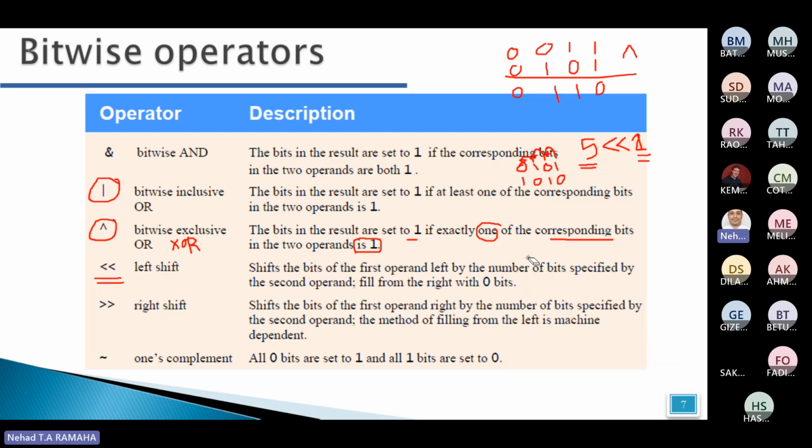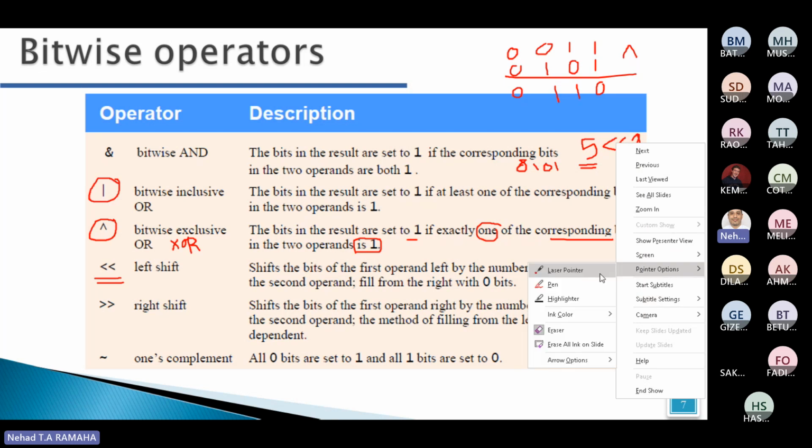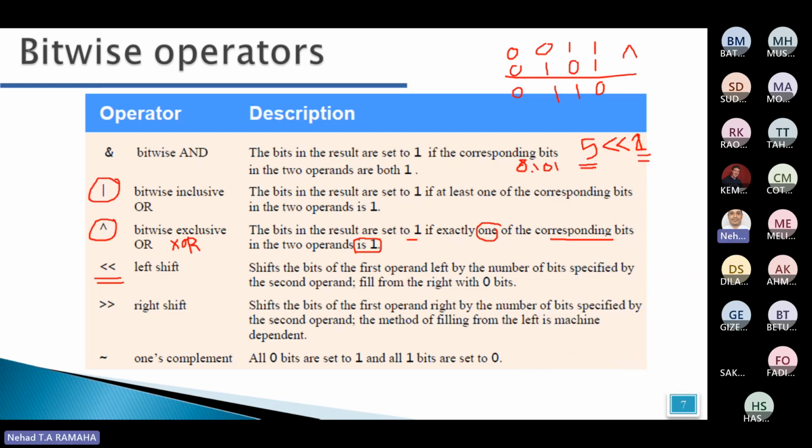If you shift it by 2, it's like this. This 5, we shift it 2 digits. This one, 1, 2 digits. This one, 1, and this is filled by 0. So it's 1, 2, 4. So it becomes 4 when you shift it by 2 digits to the left.